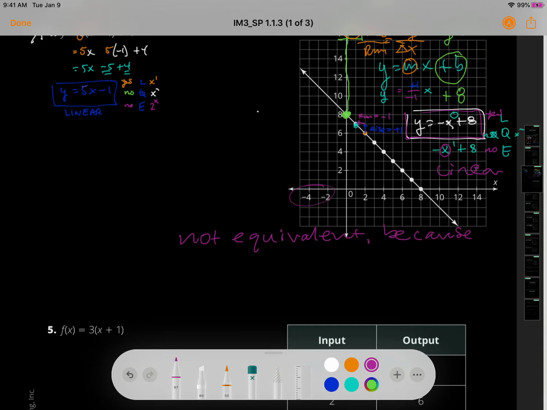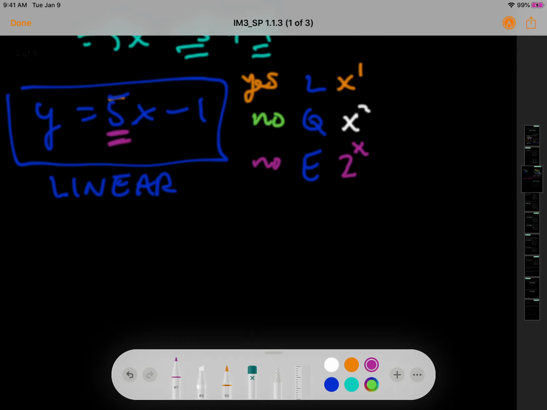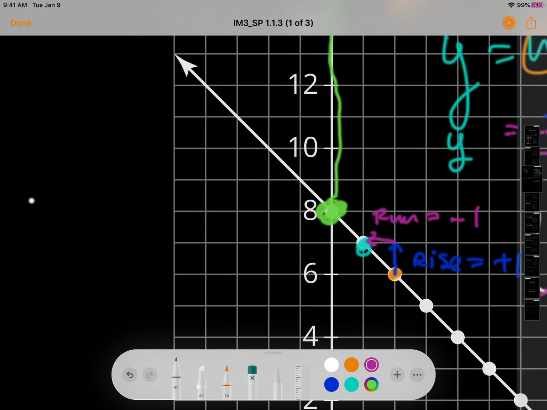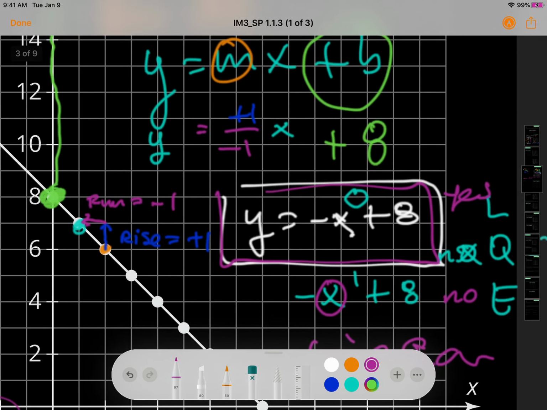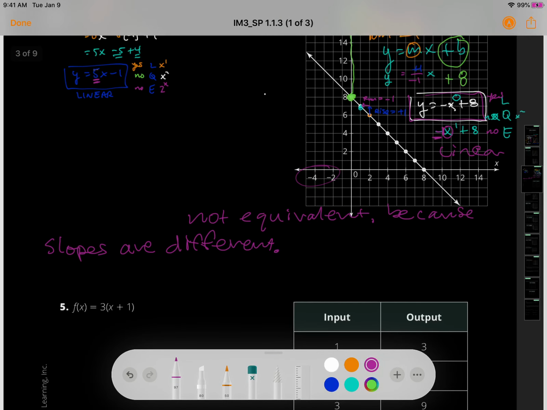Because, good math word, you can say that their slopes are different. What does that mean? My slope over here is the number in front of x, so that is a positive 5. But this one has a slope of negative 1. So they're different. And their y-intercepts are also different.